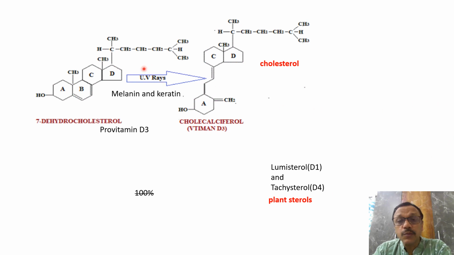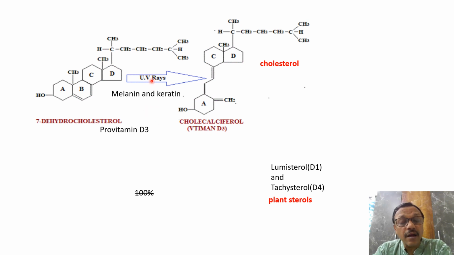Now under the effect of ultraviolet rays in the sunlight, this 7-dehydrocholesterol, which is provitamin D3, is converted into vitamin D3. So this is the precursor molecule which is converted into vitamin D3 under the effect of ultraviolet rays.